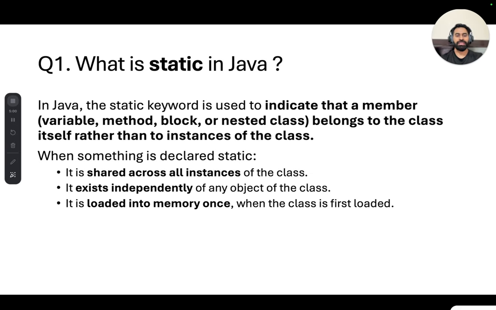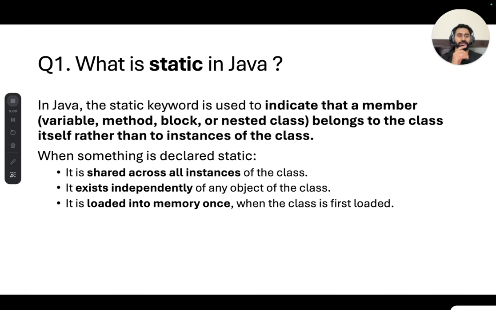We can assign the static keyword to a variable, to methods, to blocks, or maybe to nested classes also. When we declare any variable, method, block, or nested class as static, it is shared across all the instances of the class.